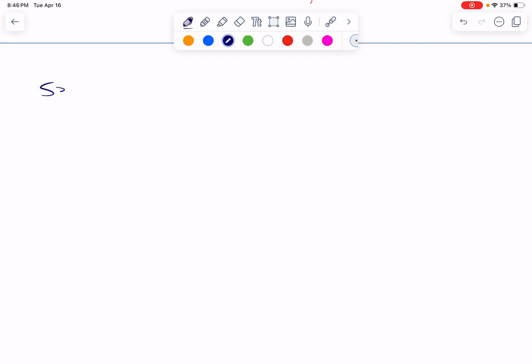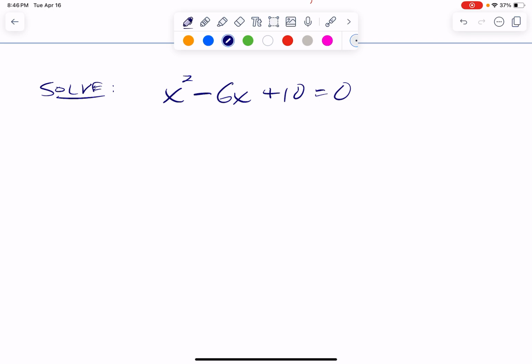So suppose that I asked you to solve, not solution, solve, say the equation x squared minus 6x plus 10 equals 0. And then suppose that I add an additional instruction to simplify any complex solutions.